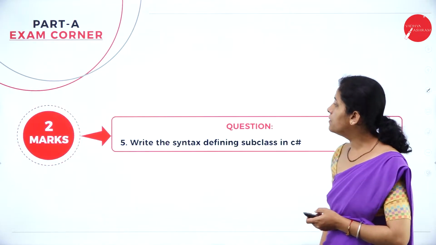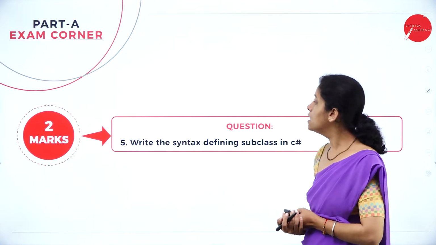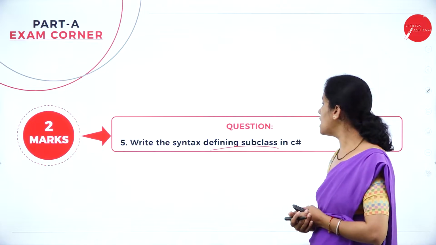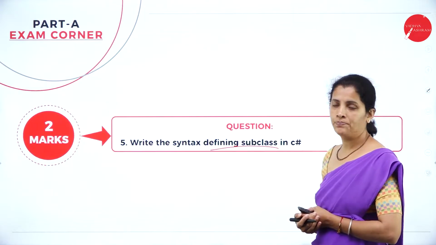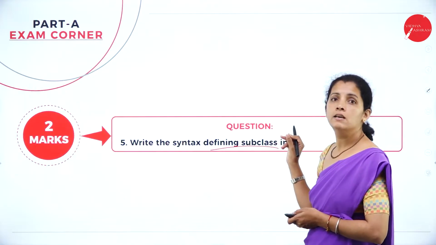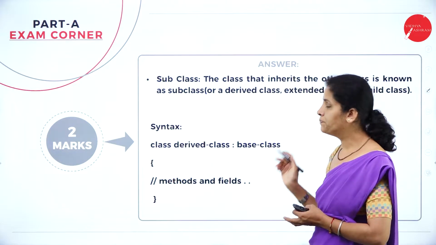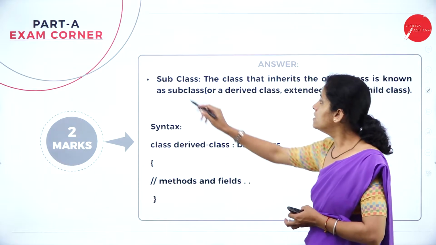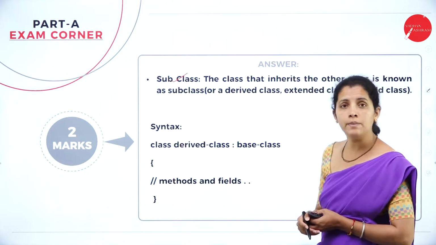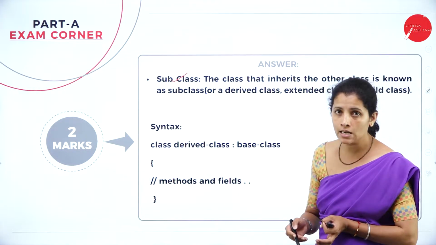Now, the fifth question here is, write the syntax for defining a subclass in C#. So dear student, I want to write the syntax here. A subclass is a new class that is created by using an existing class.